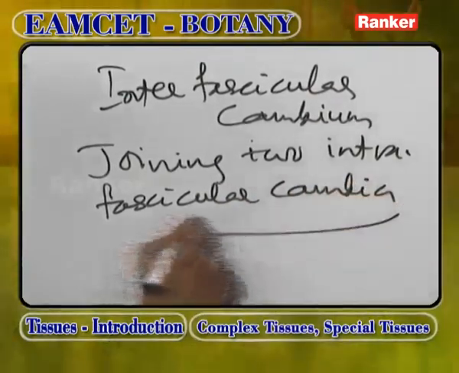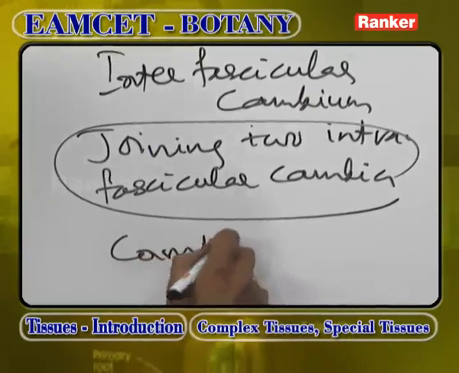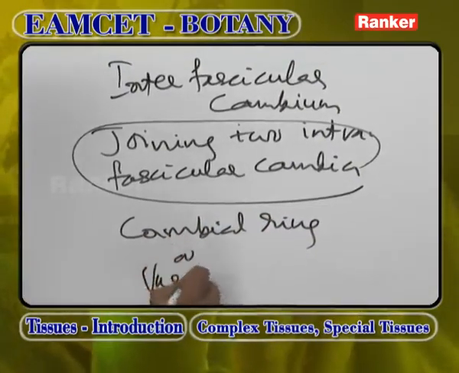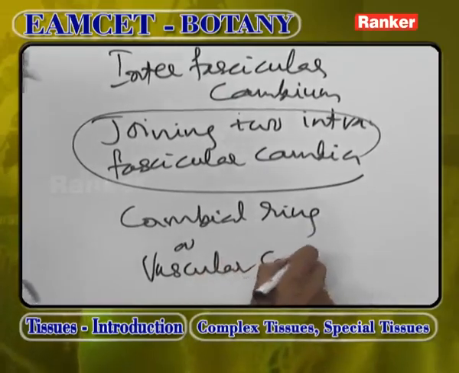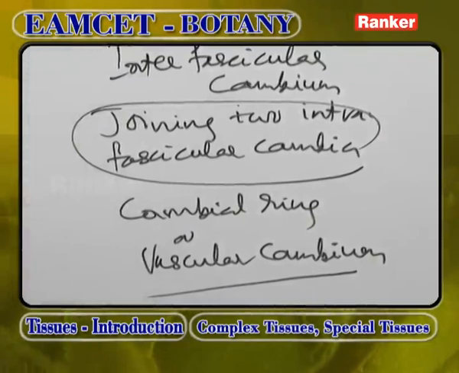By joining to intrafascicular cambia, they form a cambial ring or vascular cambium. This cambial ring or vascular cambium helps in secondary growth.